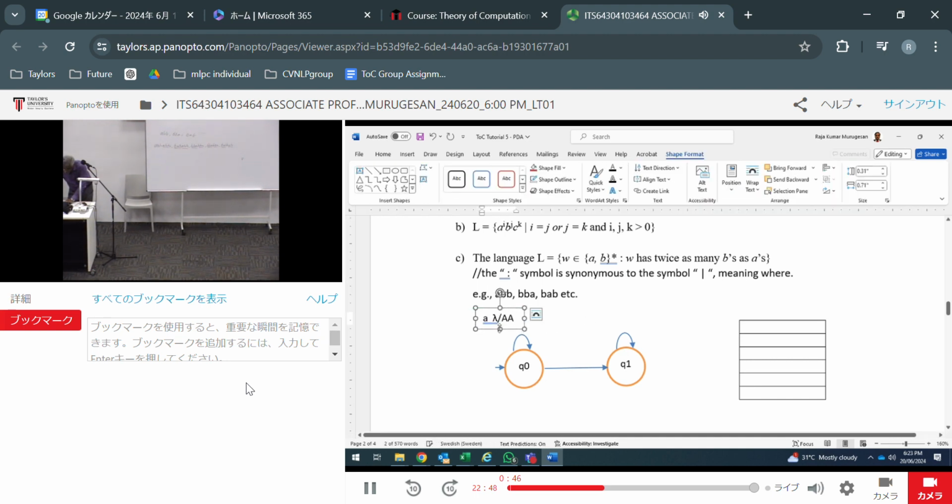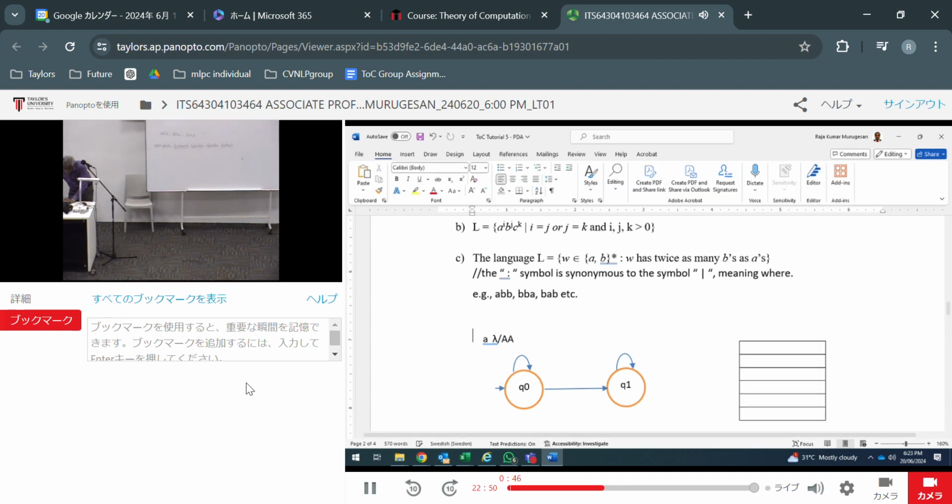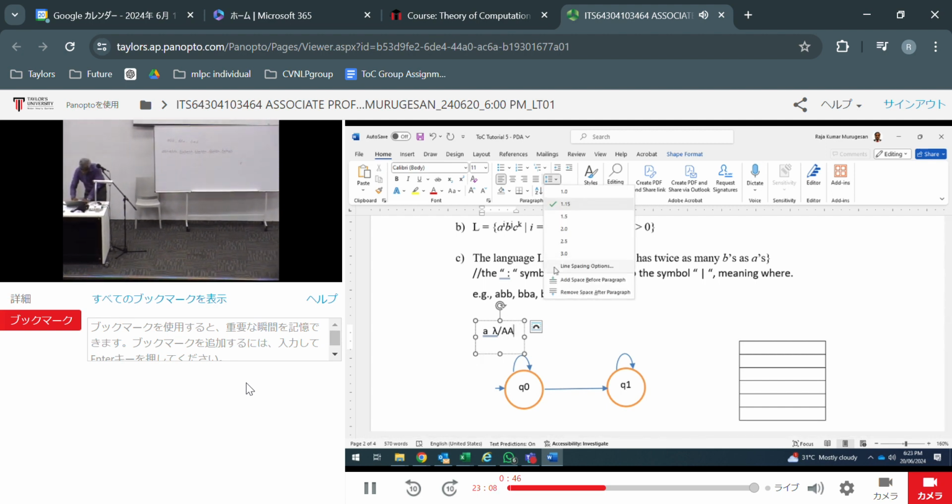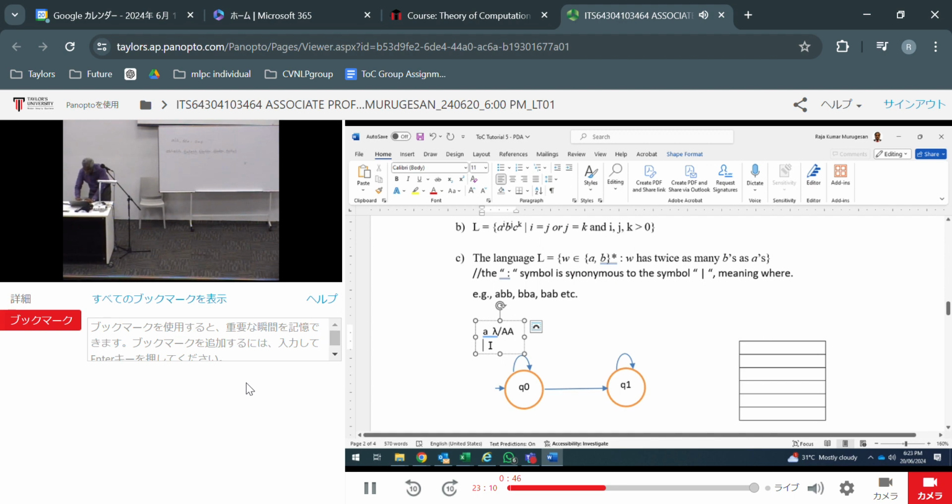So B means, I'm going to do it at Q0 itself. I'll tell you why, you will understand shortly. So B means I'm going to pop an A. I think I should use the whiteboard, this takes time. So B means I'm going to pop 1 A, so A replaced with lambda.